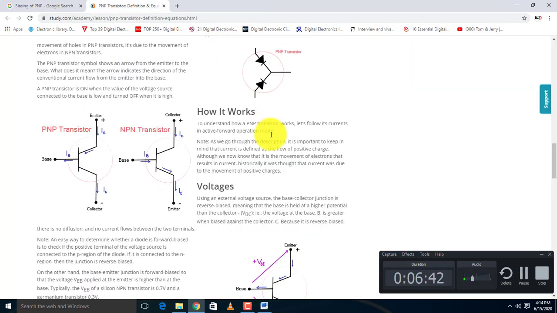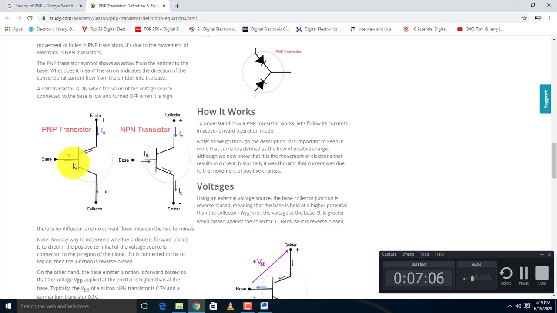And there was an MCQ in our discussion that for a PNP transistor, the ground terminal is most positive. Here you can see that this is PNP, meaning the arrow is present over here. What is the normal configuration for a transistor? Base-emitter is forward biased.